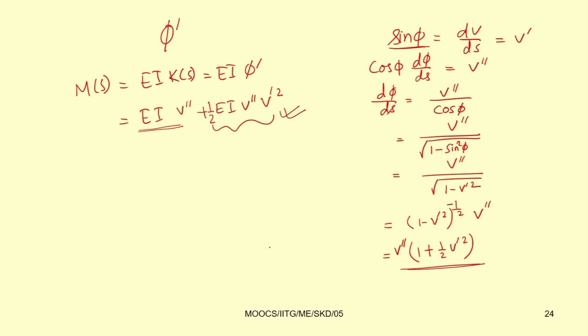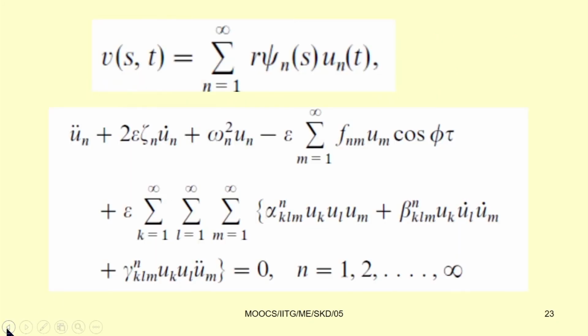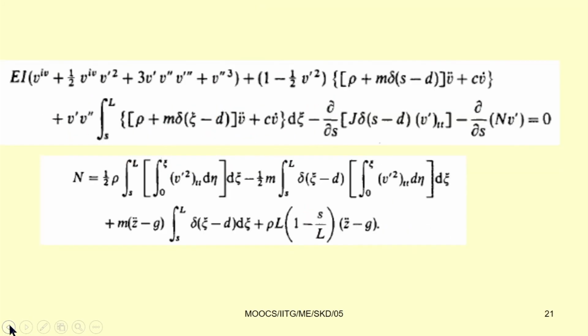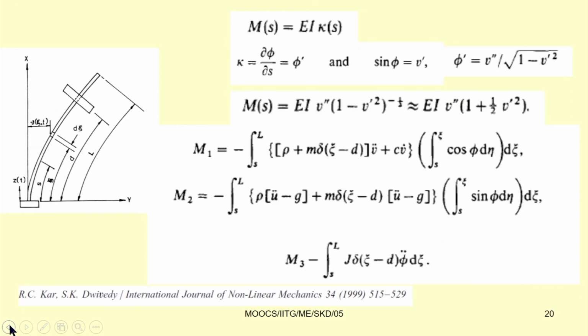Now quickly we can revisit this derivation, which I have already written. You can write m equal to EI K, and K equal to del phi by del s equal to phi dash.